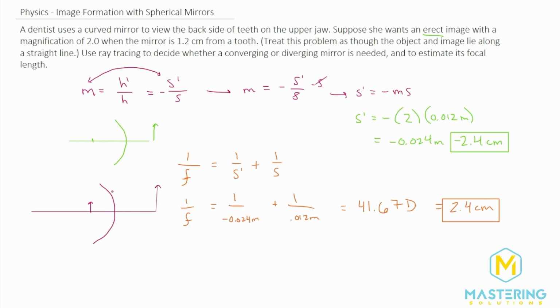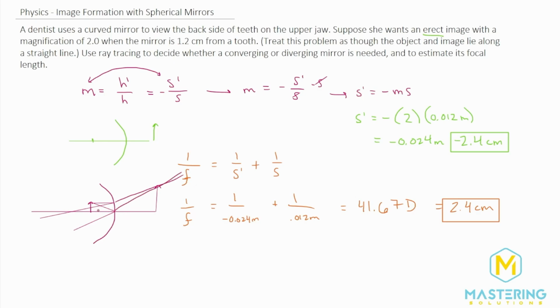Starting the question, we're assuming it's concave, but if we didn't know what kind of mirror this is, we would start off drawing parallel light going through the focal point. If it was a concave mirror, it would focus like this, and then we would extrapolate it back like that. Then we would have one through the center of the mirror, where the incidence angle and the reflection angle are the same, and it would go like that.